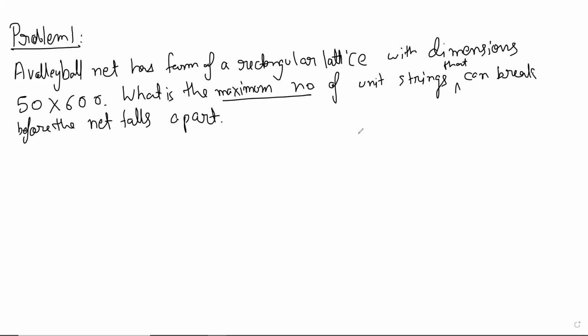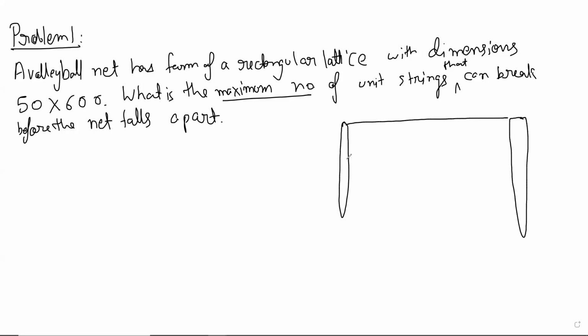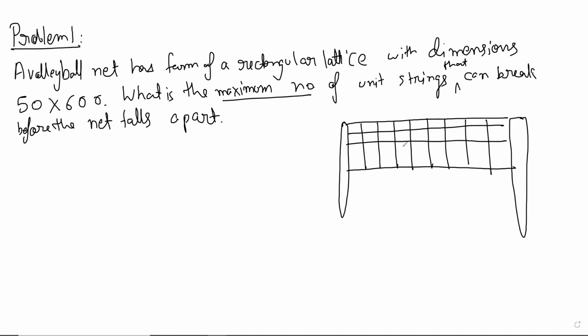It is just a rectangular net, right? If you have seen, you have 2 poles. The poles are not important here, but then you have a net, and it will look something like this. What I mean by unit strings is this: between these 2 red points, that part is a unit string.